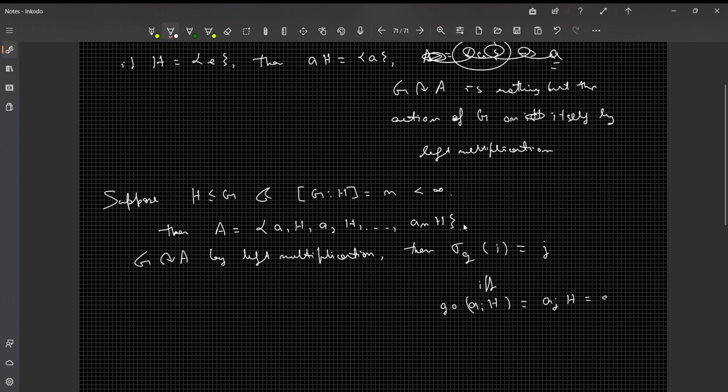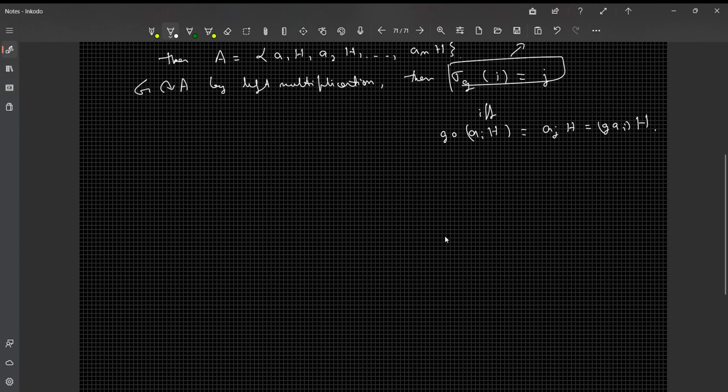But this ajH is nothing but gaiH. Right? And I should mention here that in this case g in capital G is fixed. Clear? So obviously whatever we had done in the case of G acting on itself by left multiplication, we can do analogous things if we consider the action of G on the collection of all left cosets of a subgroup H in itself. Clear? Okay. So let us straight away consider an example.